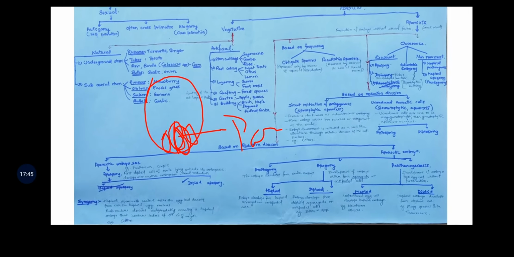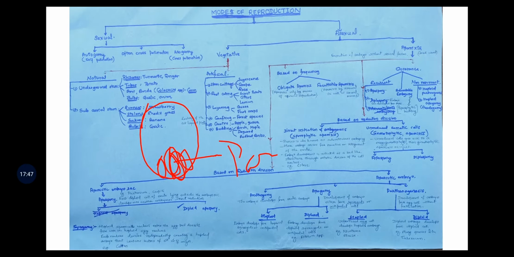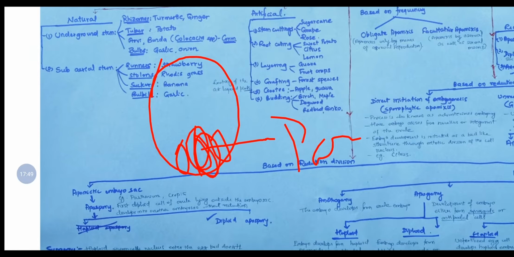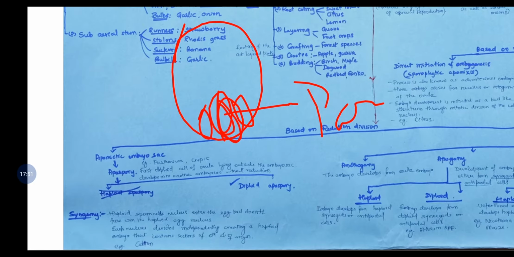This was all about the classification of apomixis, and along with that we also differentiated the sexual and asexual process. Now in case of apomixis only one more condition is there, that is known as syngamy. It is the condition where a haploid sperm cell nucleus enters the egg but doesn't fuse with the haploid egg nucleus.